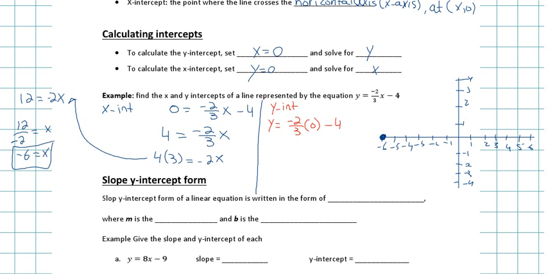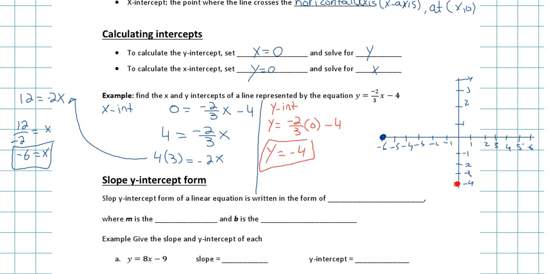Negative 4, because negative 2 over 3 times 0 is 0. Anything multiplied by 0 is 0. Minus 4, so that is negative 4. So where would I put that point? Right here? Yeah. That's my y-intercept.